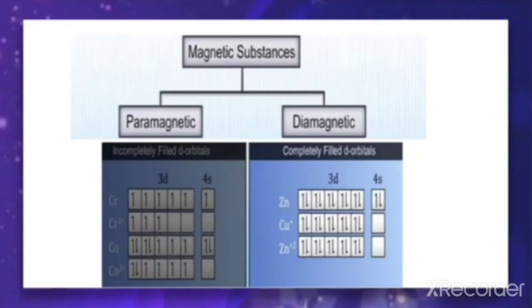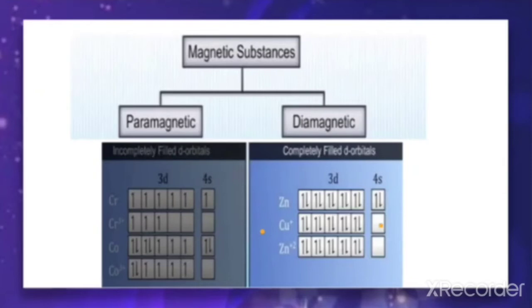When you take the example of the copper ion, Cu+, you can find that all electrons are paired, because copper has the configuration 3d10 4s1. The one electron in the 4s in the case of copper is removed because of the Cu+ charge.